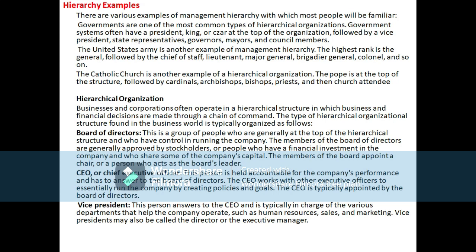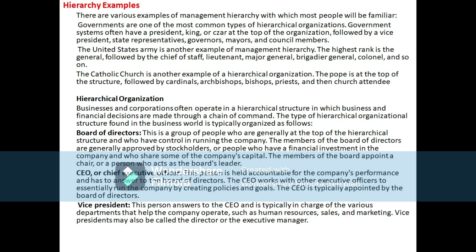The board of directors controls the company. The members are generally elected by the stockholders, people who have financial investments in the company and share some of the company's capital. We know them as shareholders.